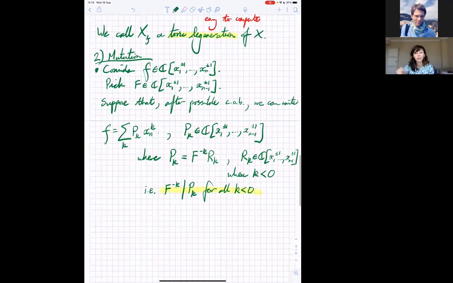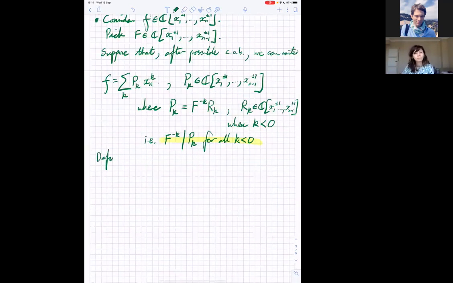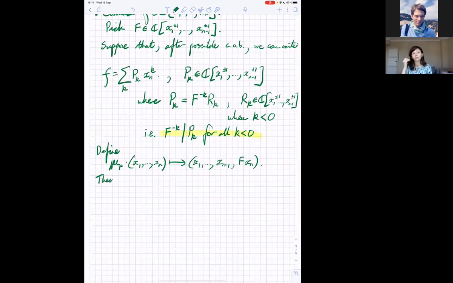So assuming that we can write it in this form, let's define mu_f to just be the map from x1, ..., xn going to x1, ..., x_{n-1}, and then f times xn. Then we can apply this map to our Laurent polynomial, and by construction we're just going to get another Laurent polynomial.